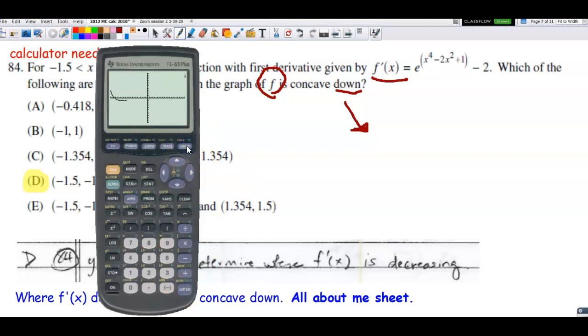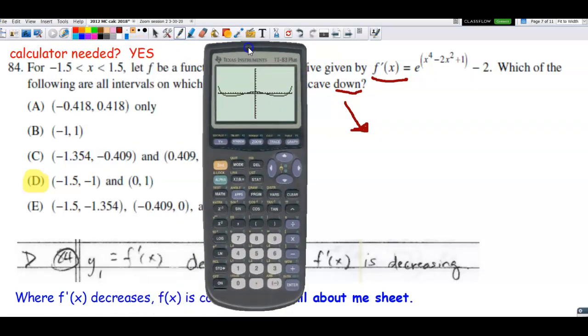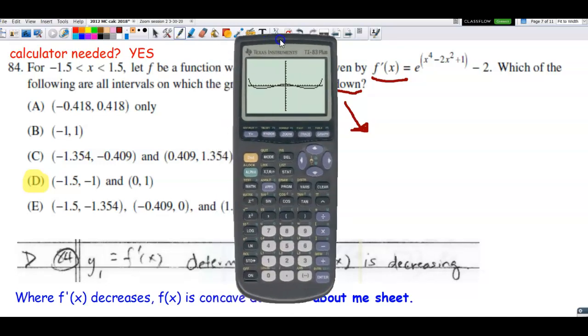I'm looking for when this graph that I'm producing is decreasing. Okay, so when I look at my answers, I can see that there are two regions in which the graph is decreasing.